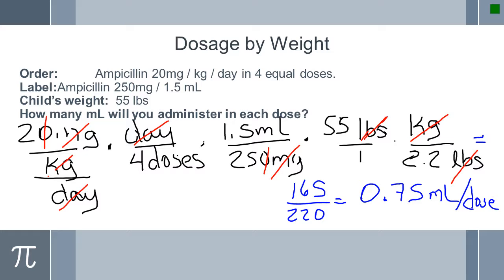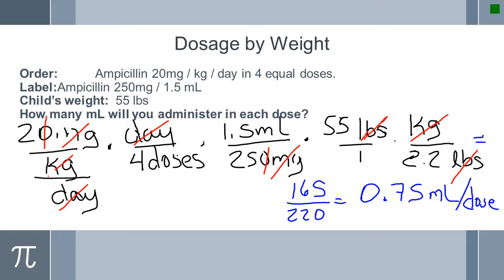So now let's cancel and see what we have. We've got a milligram on top, a milligram on bottom, a day on bottom, a day on top, a kilogram on bottom, a kilogram on top, pounds on top, pounds on bottom. And so I'm left with milliliters per dose, which is what I want. That's what my question's asking for.